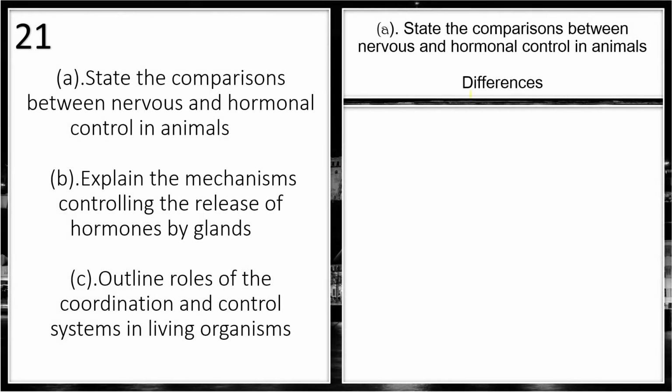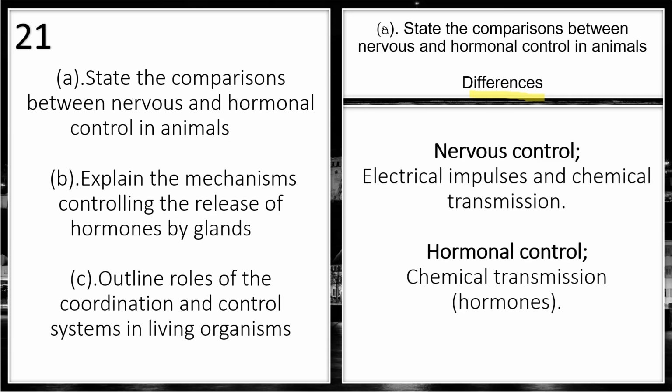Now let's look at their differences. Nervous control uses electrical impulses and chemical transmission, whereas hormonal control uses only chemical transmissions, which are hormones.